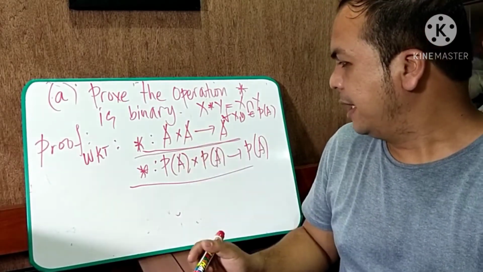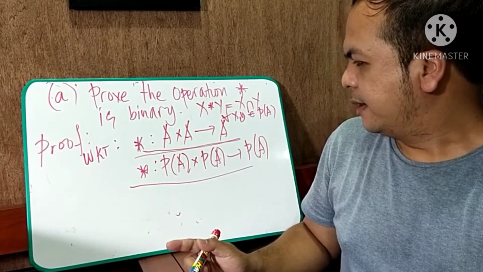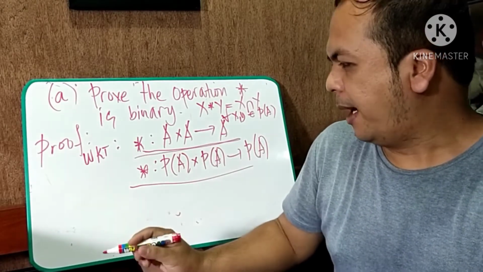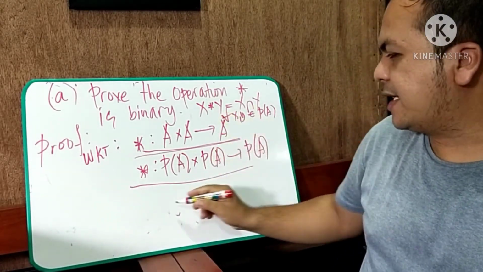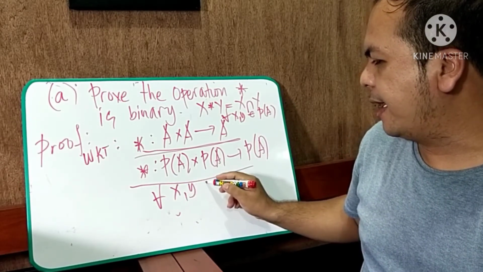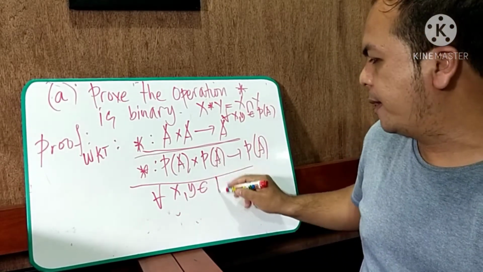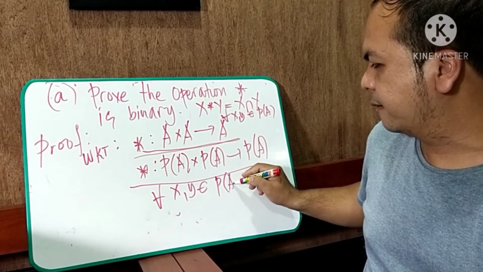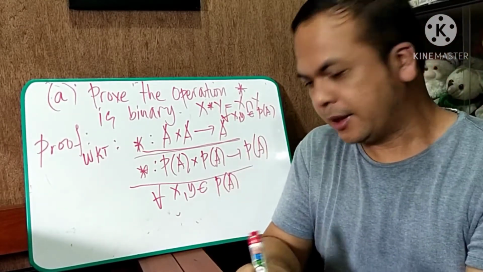Okay. Now, for this is of course for all X, Y elements of your P of A. Okay.